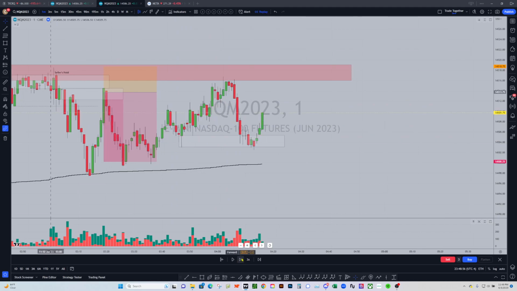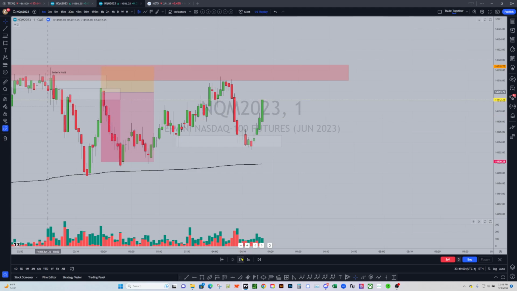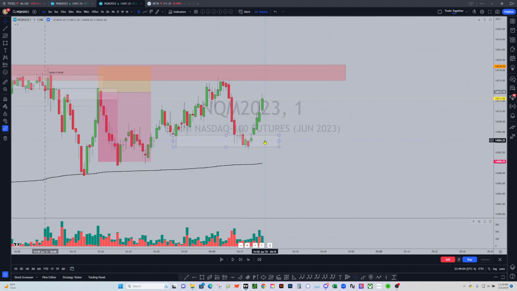So now we see a nice push higher, and this push higher looks like it's forming a little bit of a fair value gap, the imbalance, on this big push up. On a 3 or 5 minute candle, this is a good area that I'd be watching for a pullback.